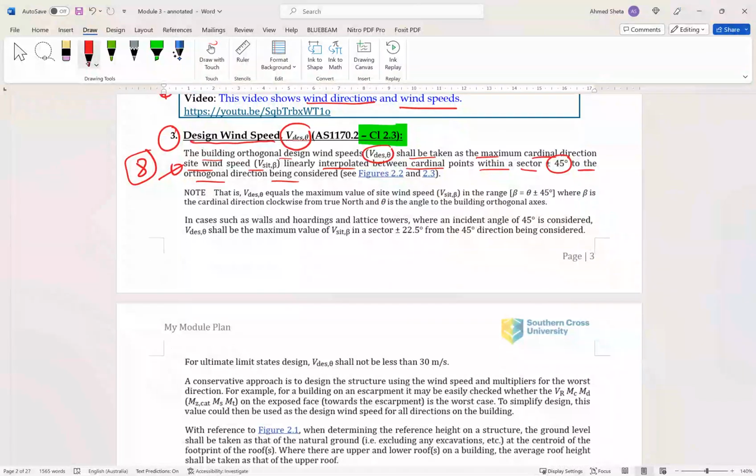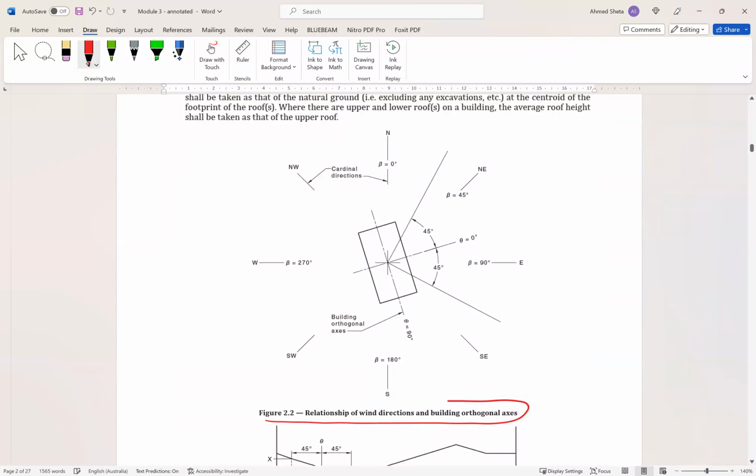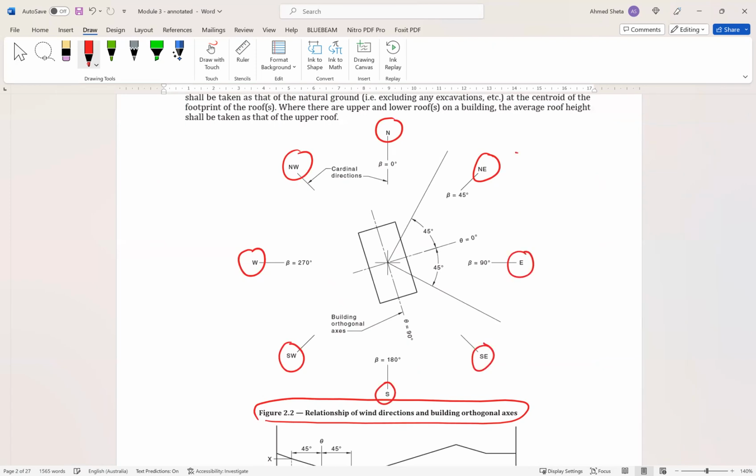Okay, so if we look at this figure here, this is the figure showing the 8 orthogonal directions, as you can see here. So this is the 8 cardinal directions.